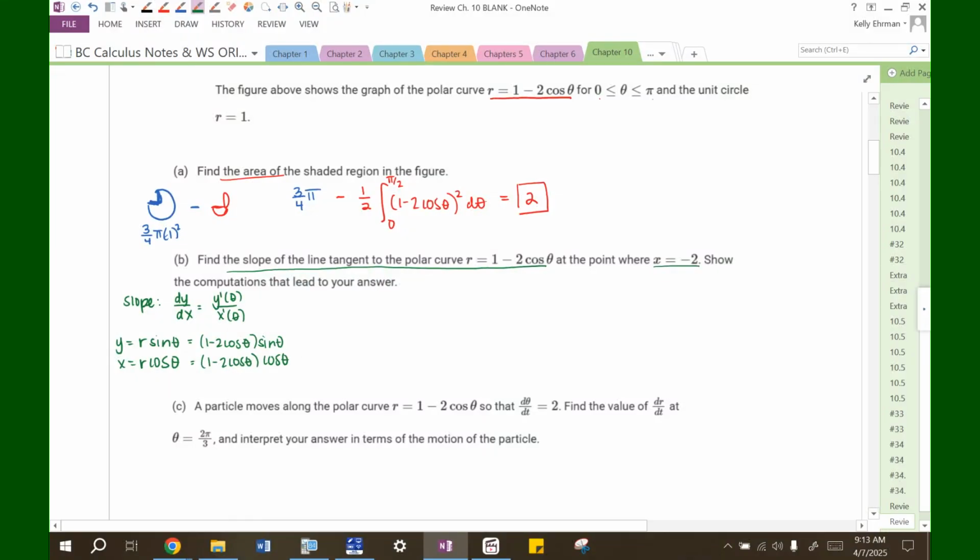So I can have my calculator plug this in, but I do need to know what is the theta that gets us here. So I can set my x equation, 1 minus 2 cosine theta times cosine theta, equal to -2, and I can solve this by graphing.